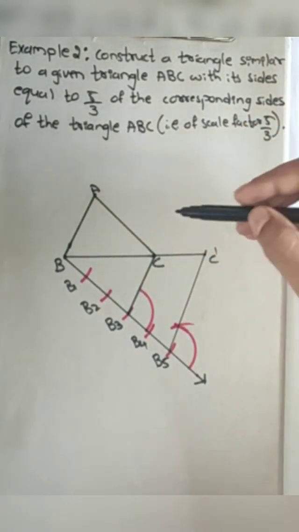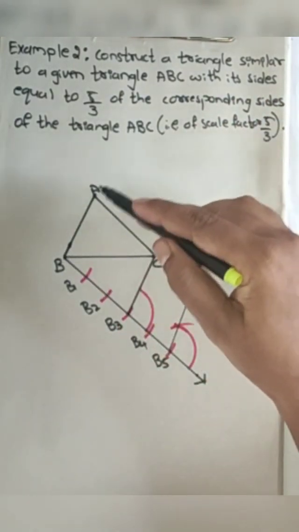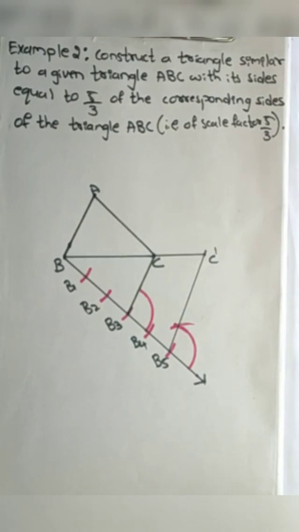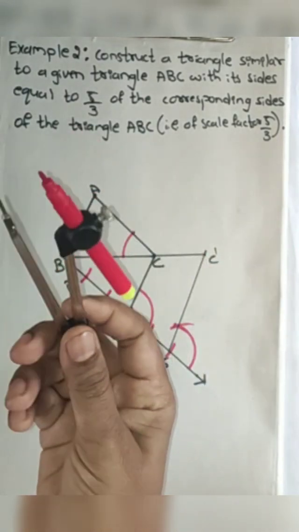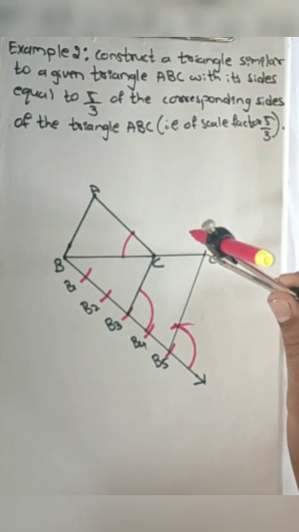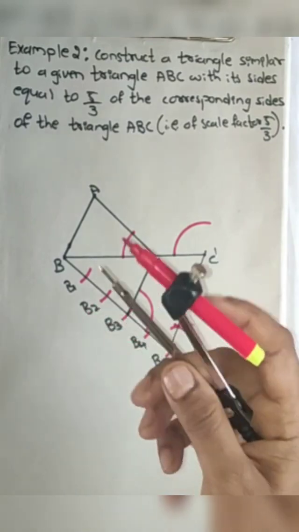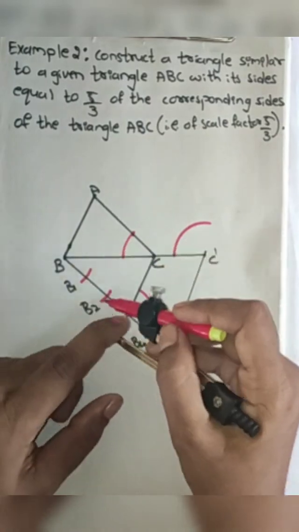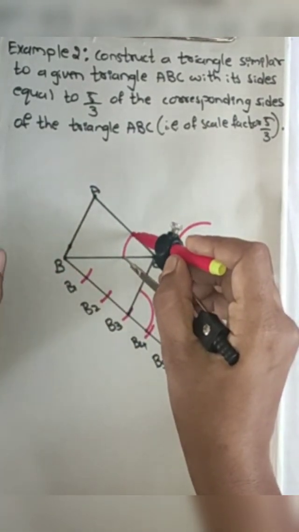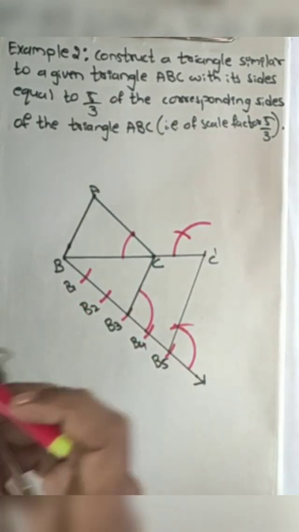Now we should construct A dash C dash parallel to AC. At that time we should extend this AB side. Now take any measurement from C, take an arc. Without changing the compass, from C dash you take the same arc. Now measure the arc. Measure this arc, cut an intersection arc.